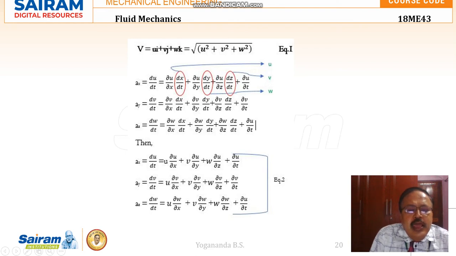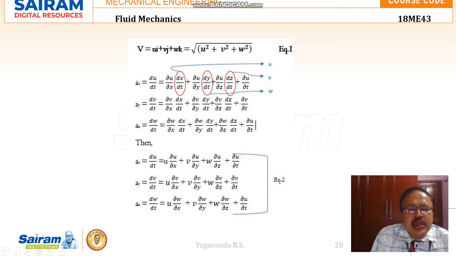Similarly, ay, acceleration in the y direction, is given as dv by dt. Its partial derivatives are written as we wrote ax, the acceleration in the x direction. Similarly, we write acceleration in the z direction, that is dw by dt, with their partial derivatives.